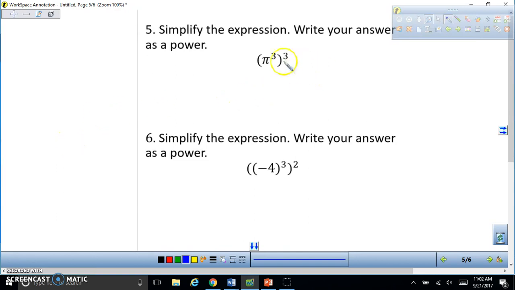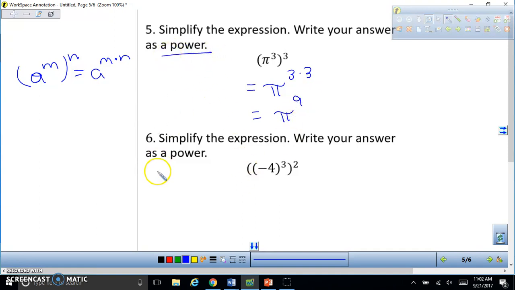Example 5, there is only one base here, so we are going to be using our power of powers, which is that a to the m to the n equals a to the m times n, okay? Pi to the 3 times 3 is equal to pi to the 9th, and leave as a power.